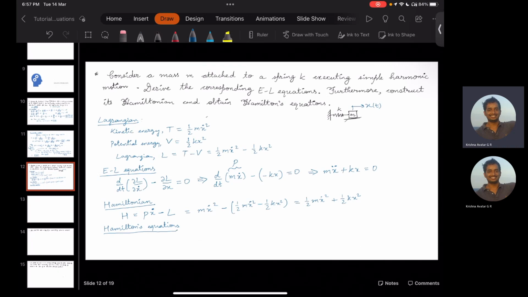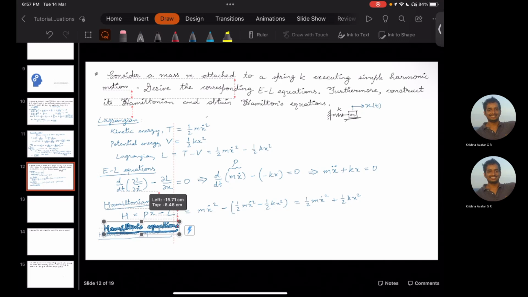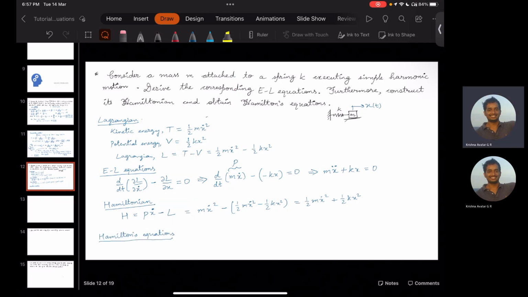So what we do is let's formulate our H in terms of P and X here. Let Q is equal to X, then this implies that H is equal to, so here we have to manipulate to obtain the Hamiltonian in terms of Q and P instead of x dot.